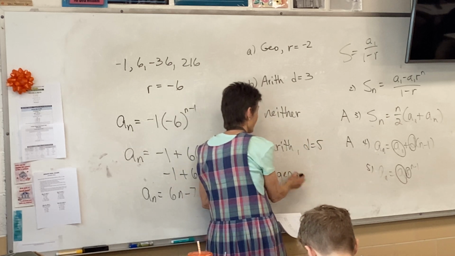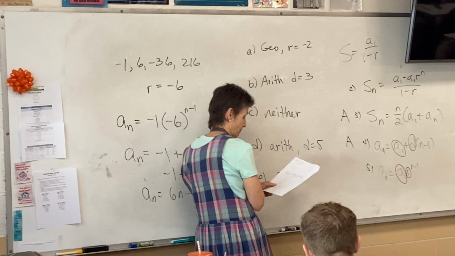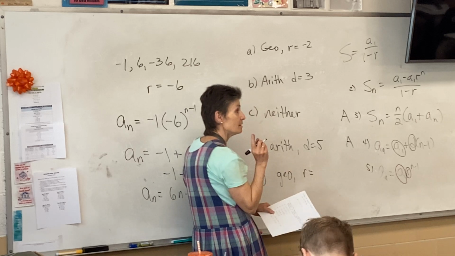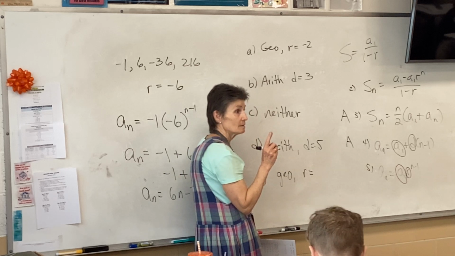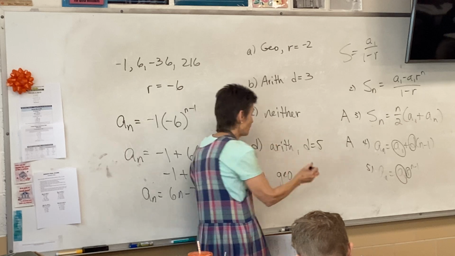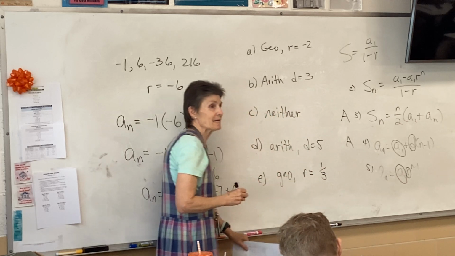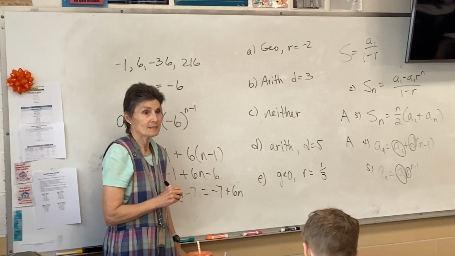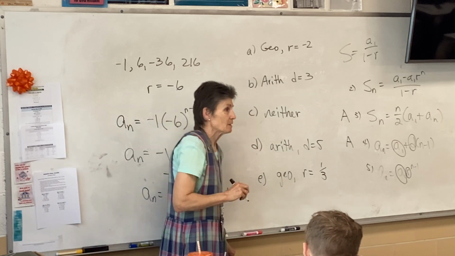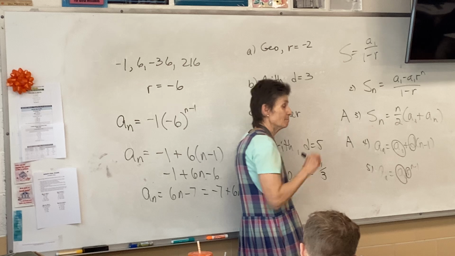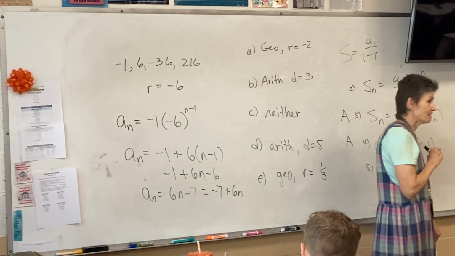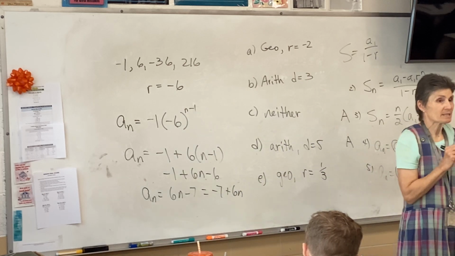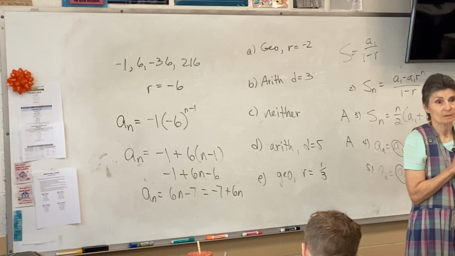Geometric, and the ratio is, what is it? 3? It's not 3. Aren't we getting smaller? If you multiply by 3, your terms keep getting bigger. So you're not multiplying by 3, you're actually dividing by 3, which is multiplying by 1/3.